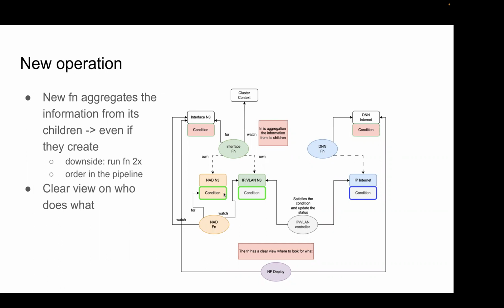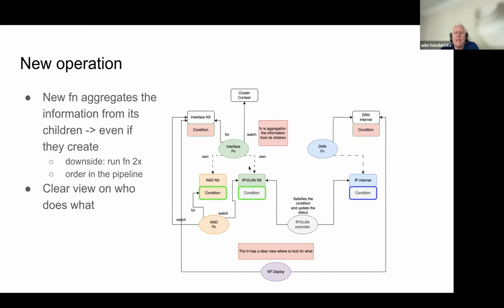The status that I was referring to for the IP that got allocated would be written in the status field of the CR, but this interface is a requirement CR, which is not applied to the API server, right? So when you say CR, it's applied through the KRM transformation, basically, in KRM.